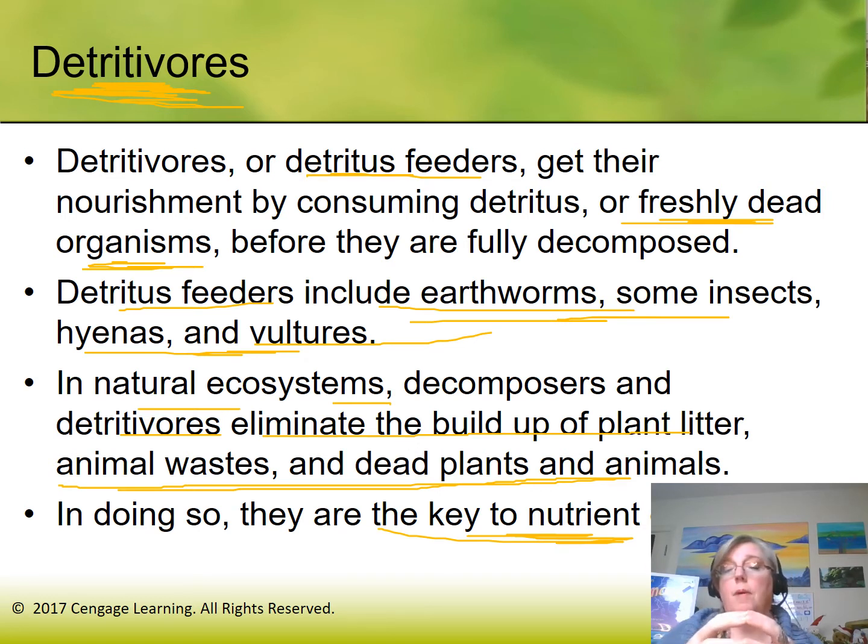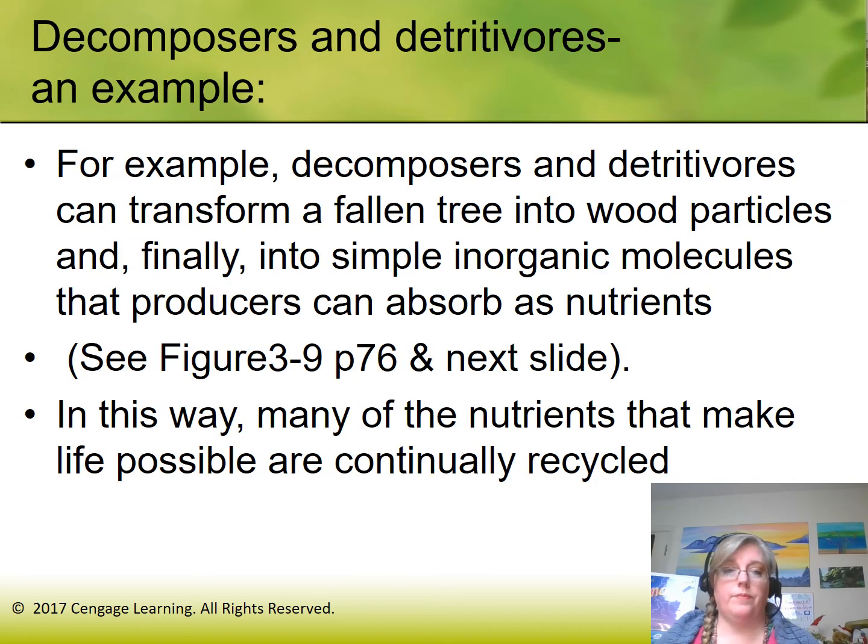We can't just stop off at the asteroid belt to get more carbon. We can't stop off and get more nitrogen. This is all we have. Well, it's the decomposers and detritivores who make it possible for us to continue. They're the ones doing the recycling for us. So the detritivores and decomposers are our key to nutrient cycling.